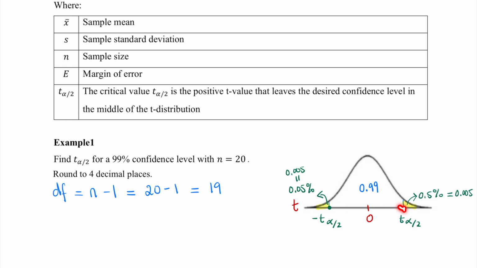And we are going to use the TI-84 calculator for that. So we use the function invT on the TI-84 calculator. It will ask for the area to the left of the critical value, and the degrees of freedom.